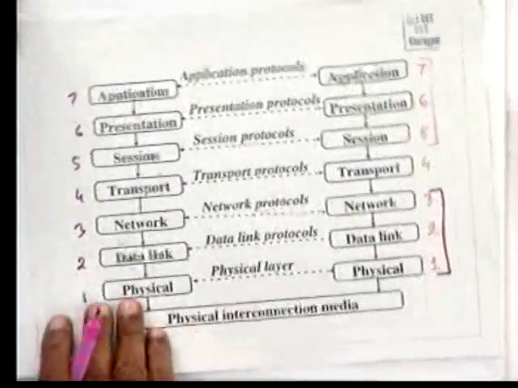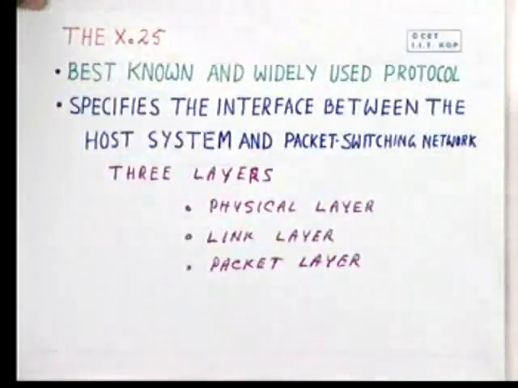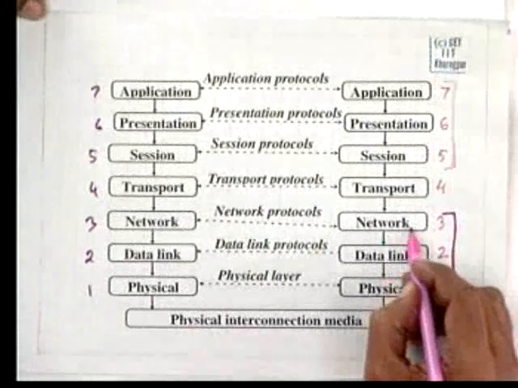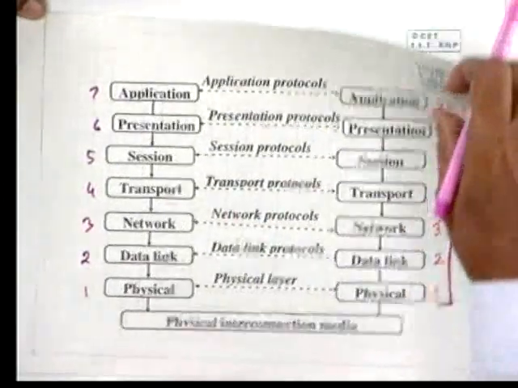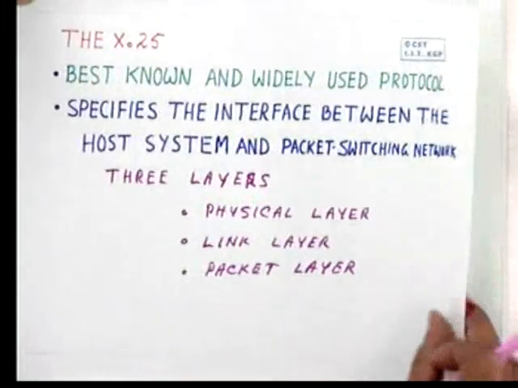The link layer corresponds to the data link layer, and the packet layer corresponds to the network layer. So let us briefly discuss these 3 layers one after the other. First, let us consider the physical layer.